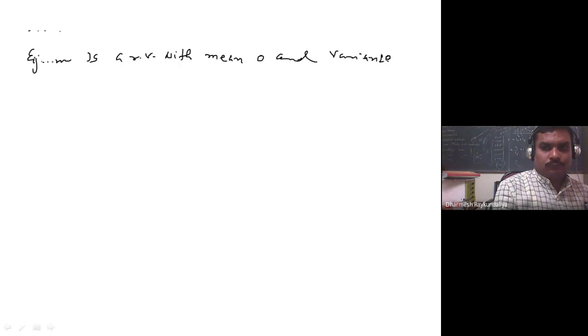Similarly, epsilon_ij up to m is a random variable with mean 0 and variance sigma epsilon square.